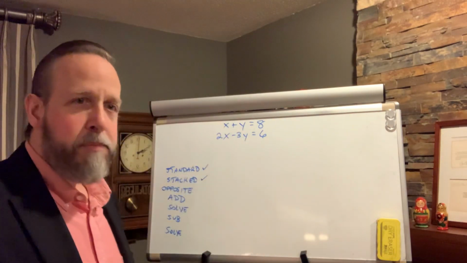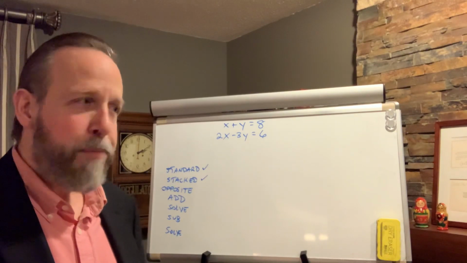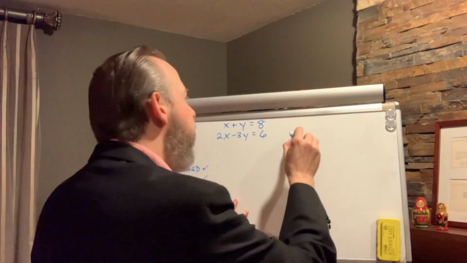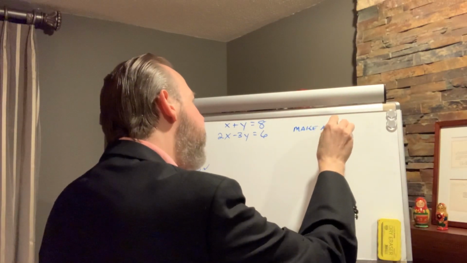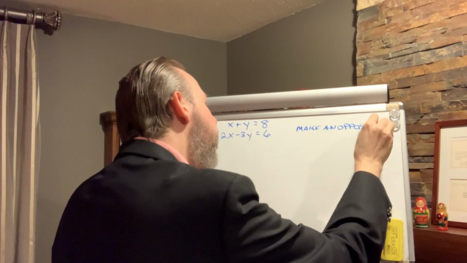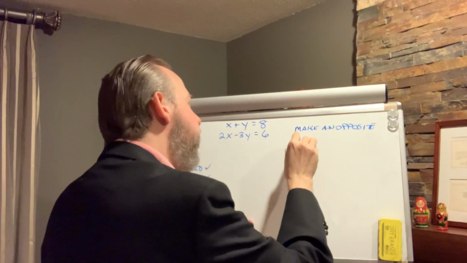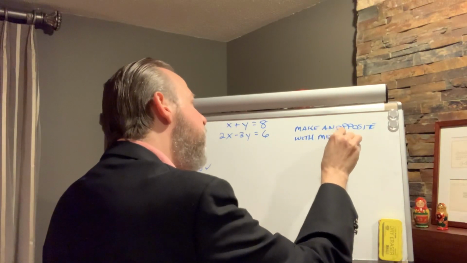We don't have it. We have to create an opposite variable pair. We have to make an opposite with multiplication.